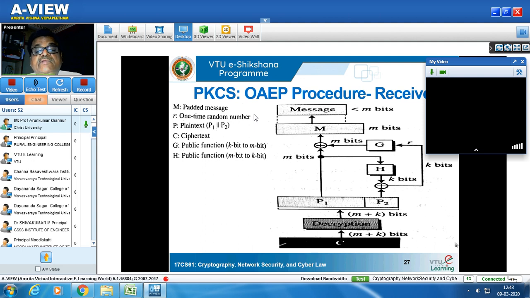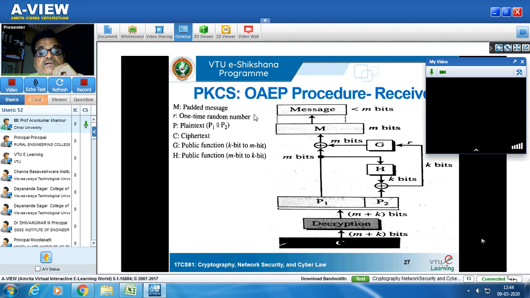Our overall objective is to remove the M bits and recover K bits, and from there we have to recover the plain text. So the C with M plus K bits has been supplied to the decryption algorithm.